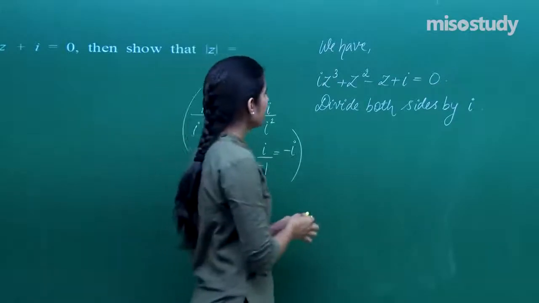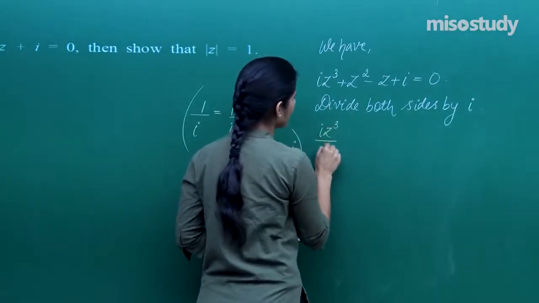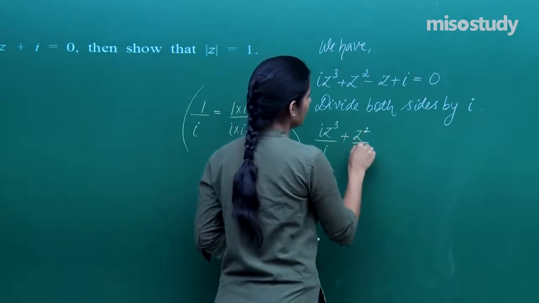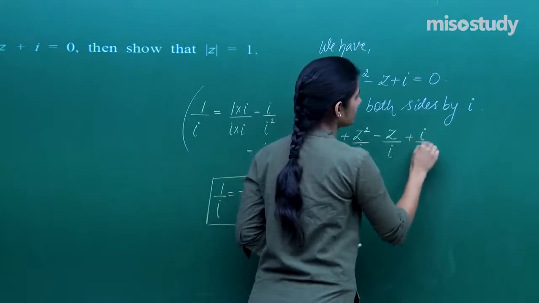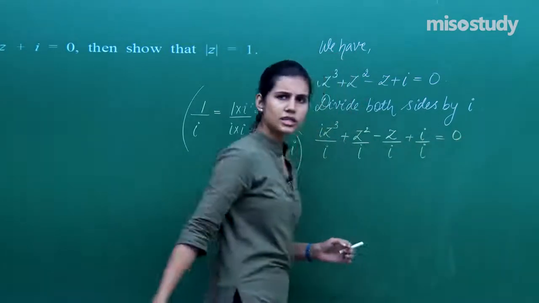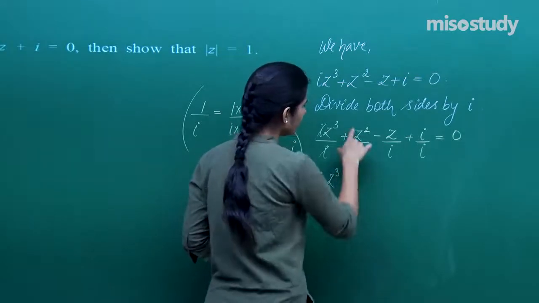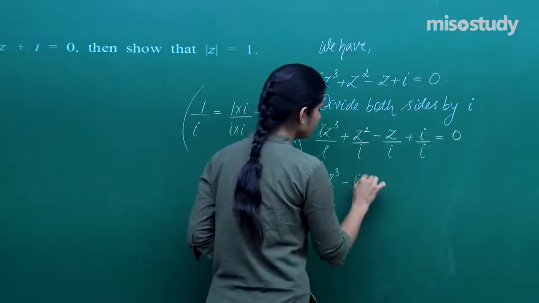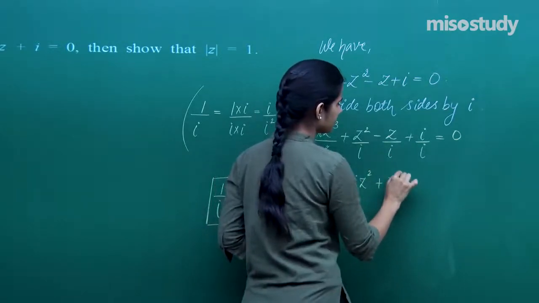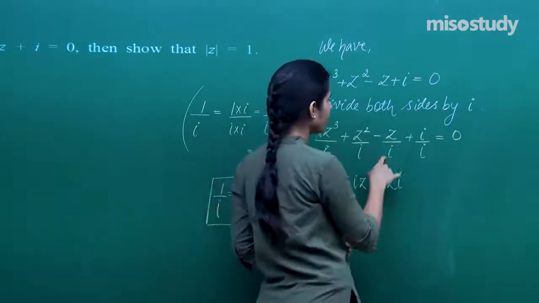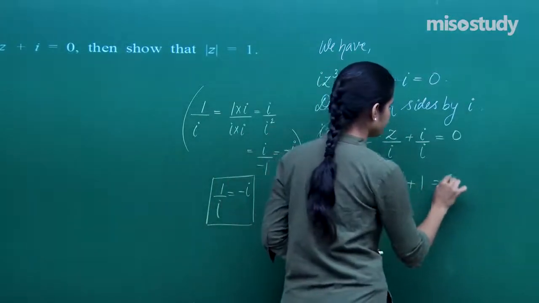Fine. Now in here, when I divide by iota, I get iota z cube upon iota plus z square upon iota minus z upon iota plus iota upon iota equals 0 upon iota, which is 0 only. This gives you z cube, 1 upon iota is minus iota, minus minus plus iota, and here you get 1.